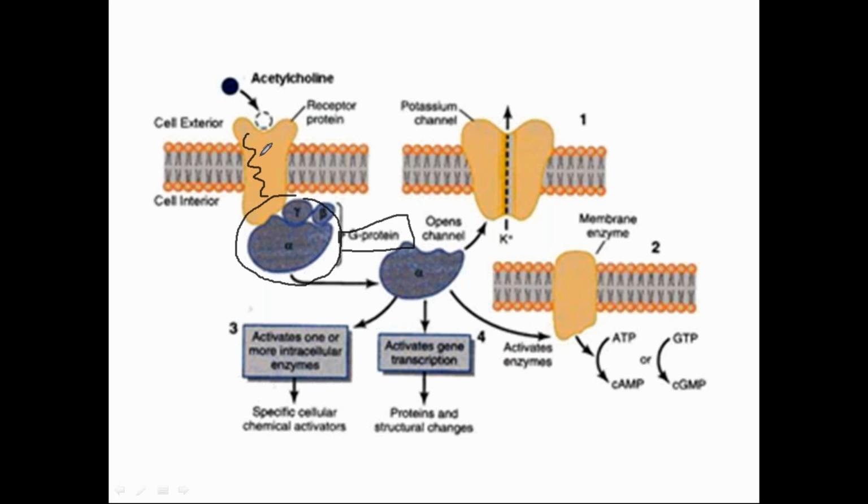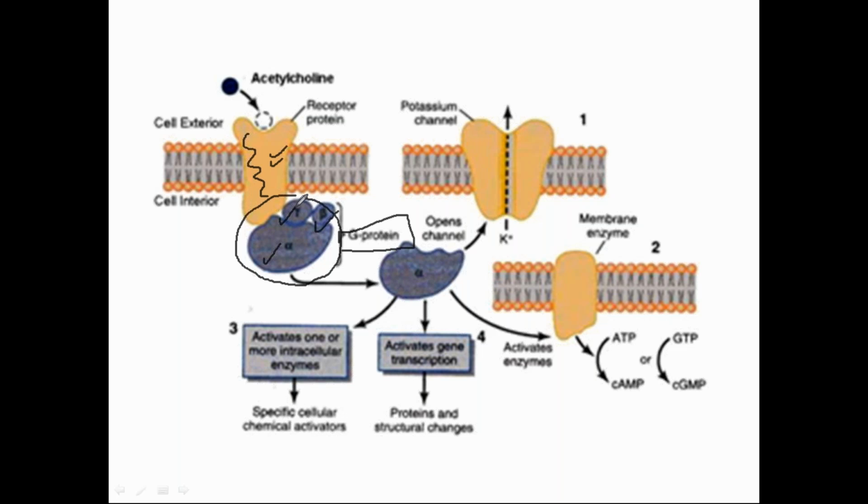As soon as there is a little amount of structural or conformational change in this receptor, this G protein will have a drastic change. Now what is that change? This G protein is made up of 3 subunits: the alpha subunit, beta subunit, and gamma subunit.